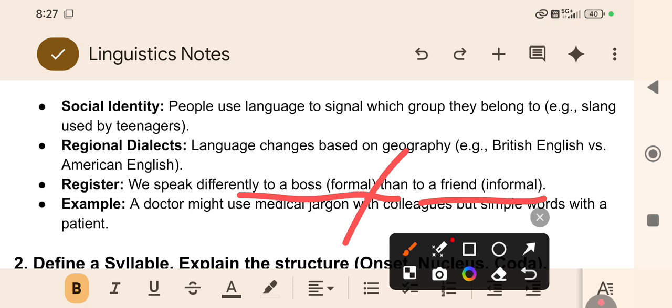Register means particular terms, tone, and sentences which are used for a particular area or field.